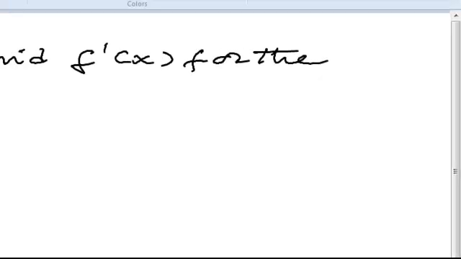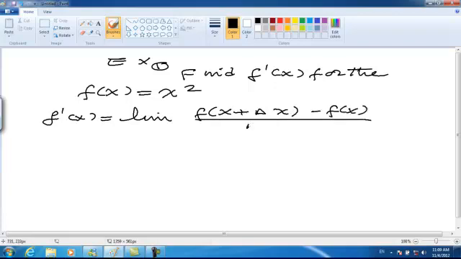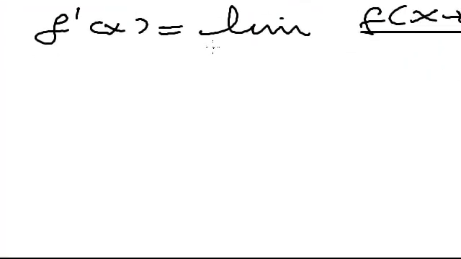From the definition, f dash of x equals the limit of f of x plus delta x minus f of x, divided by delta x, as delta x tends to 0.